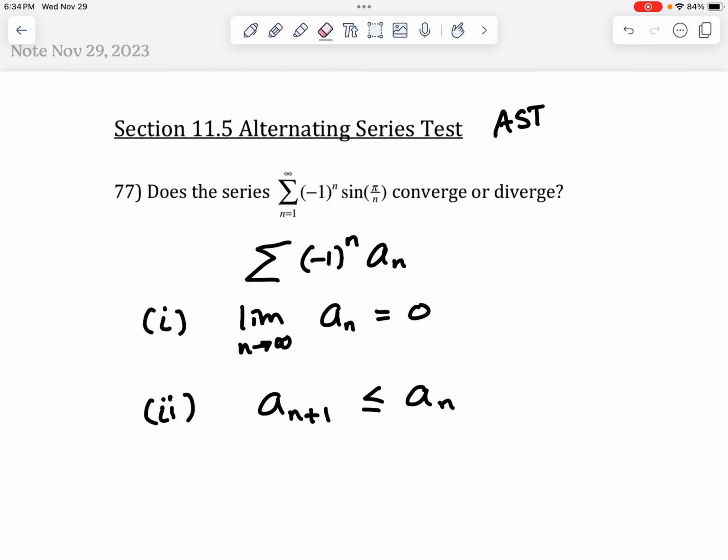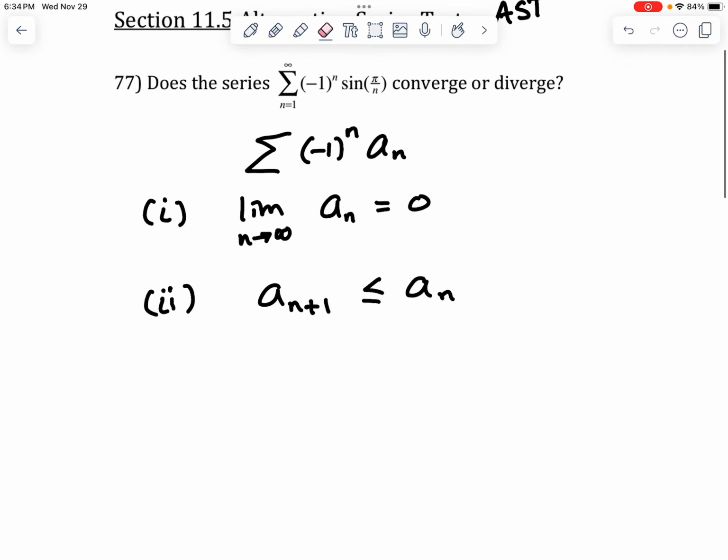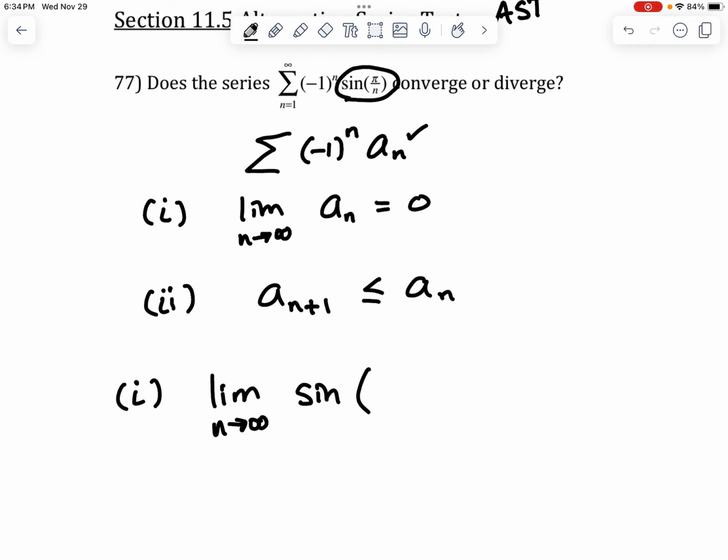Okay, so there's basically two things we need to show. One is that the limit equals 0. So we just need to use this sine part, just the a_n part, and take the limit. I'm doing part 1, as n goes to infinity of sine of pi over n.